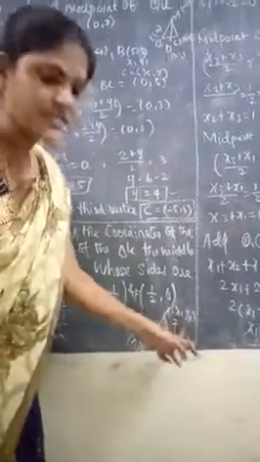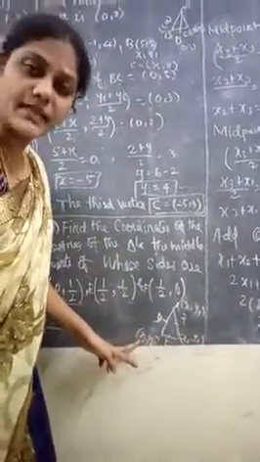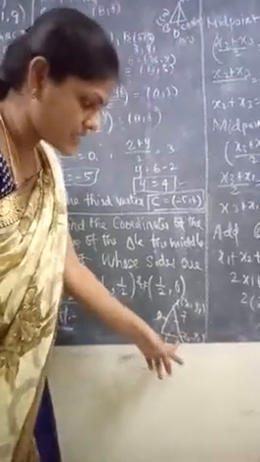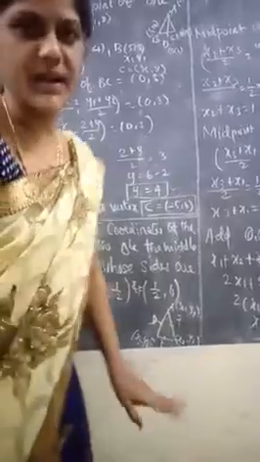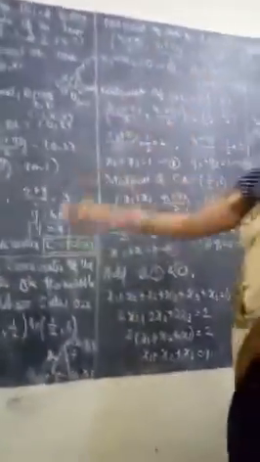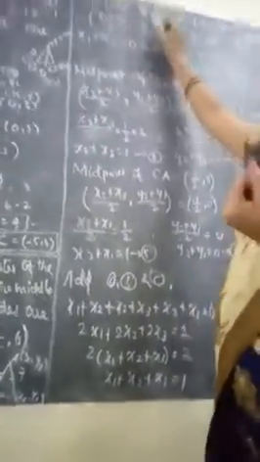We need to find the vertices. I take A as x1, y1, B as x2, y2, and C as x3, y3. Now we need to find all these values. Listen clearly how we find them. In a triangle we have three midpoints. First, the midpoint of AB.